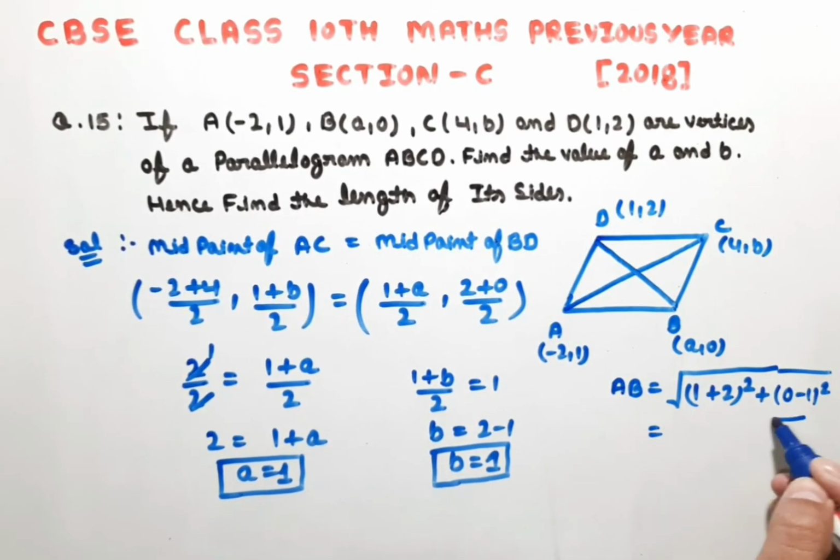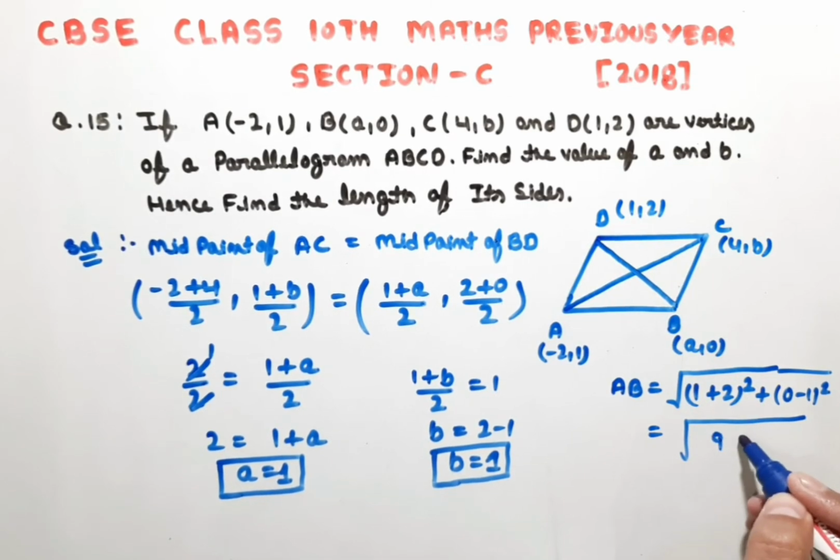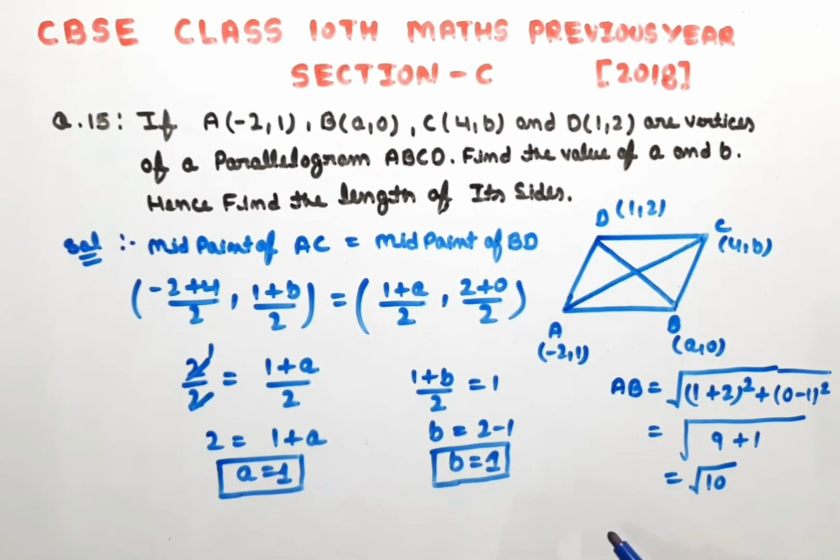So this will be equal to 1 plus 2 is 3, 3 square equals 9, plus 1. This will be equal to under root 10. So AB is root 10.